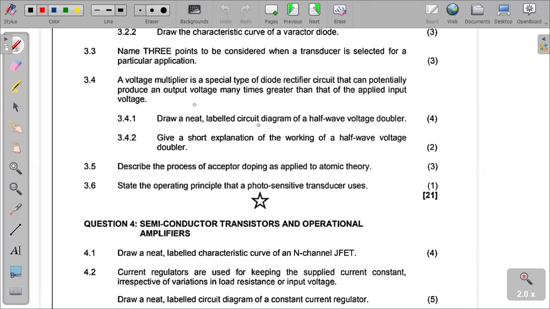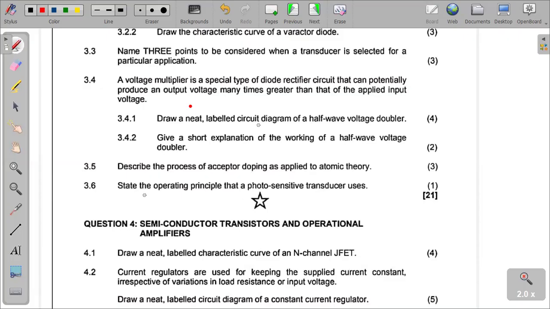One of the silicon or germanium atoms is left without a covalent bond and creates an absence of an electron, a hole. And these holes tend to attract electrons. These trivalent atoms are also known as acceptor atoms. That's the explanation we were to give there in points.